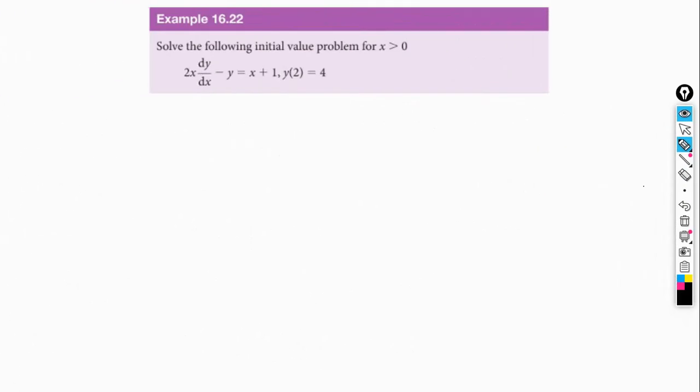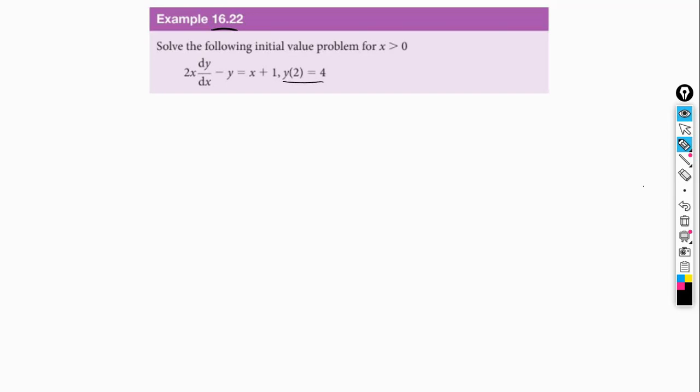So let's continue with example 16.22, and it's basically the same thing, solving the initial value problem for x greater than 0 for this expression to the left, which is 2x times the derivative of y minus y is equal to x plus 1, with the initial value y of 2 is equal to 4.